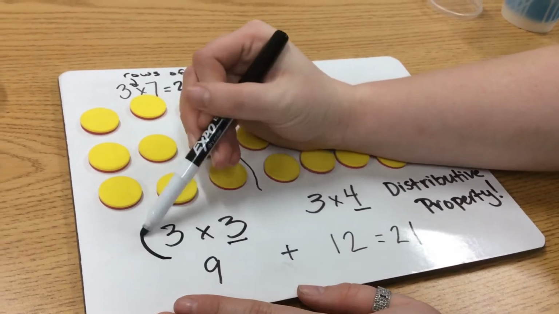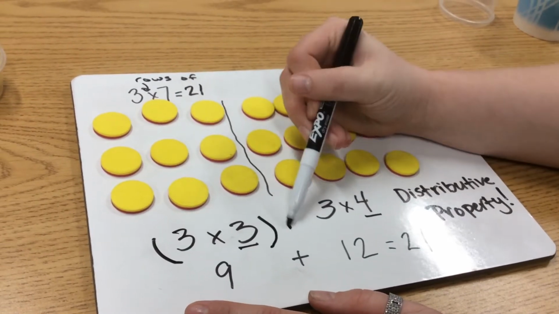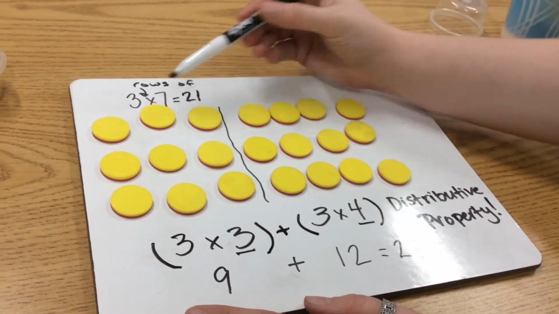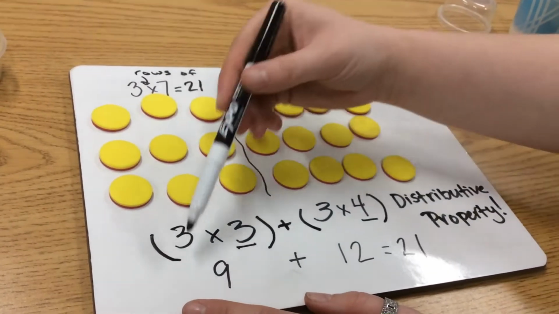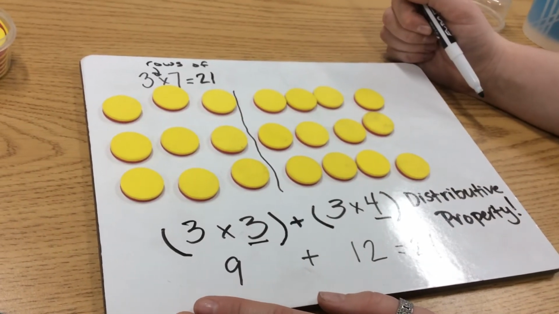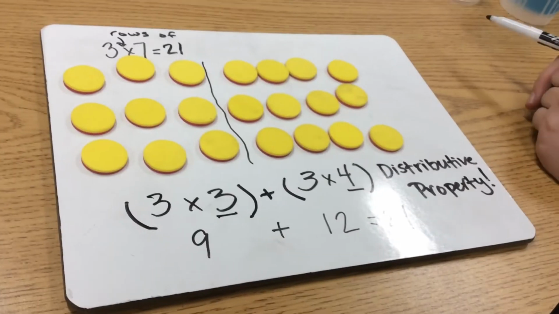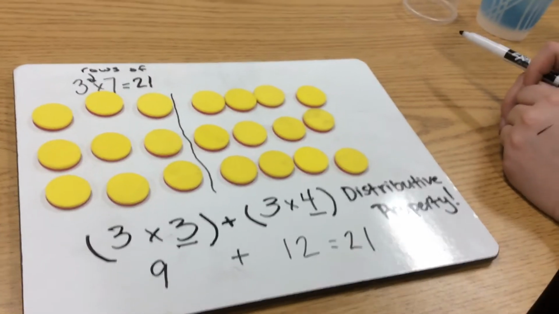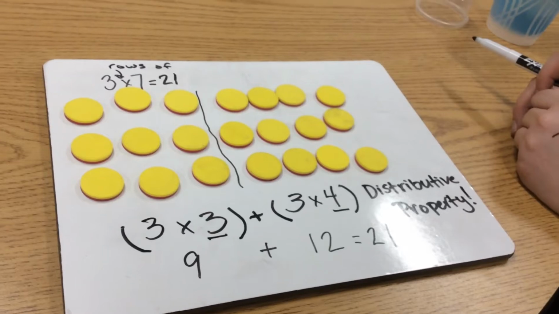So I know that I have to add these 2 together because in the same way that we are adding 3 and 4, we're adding the products. Yeah. So our parentheses are just a way for us to separate each group, so each part of the array.